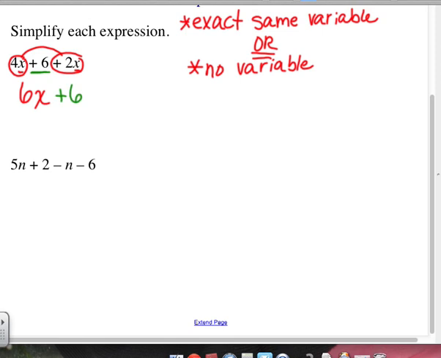And you cannot go any further with this. 6x plus 6 stays just like that. You cannot combine them to say 12x because this last term, that plus 6, doesn't have an x on him. So he's not a like term with the 6x. And your final answer is 6x plus 6. We're not solving these any further than that. We're just putting our like terms together.